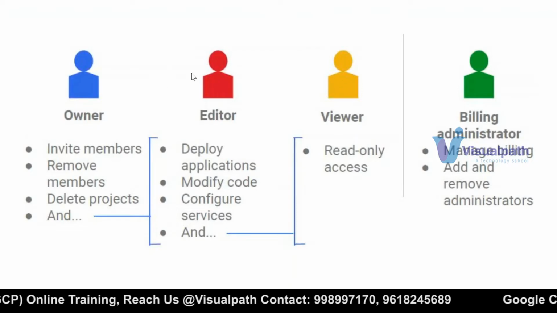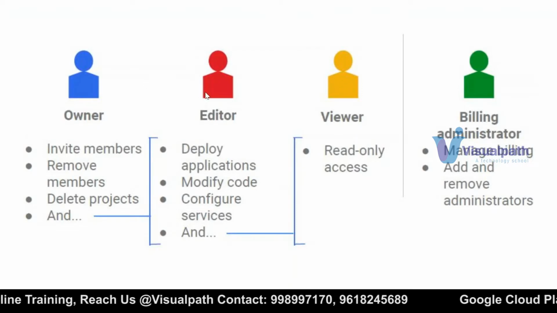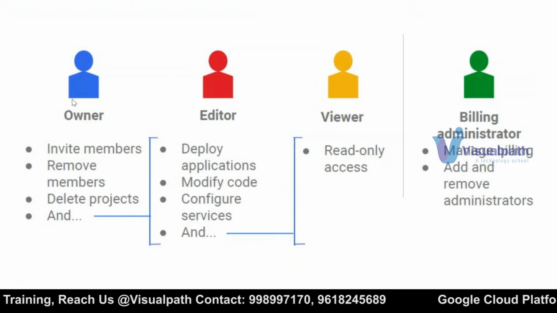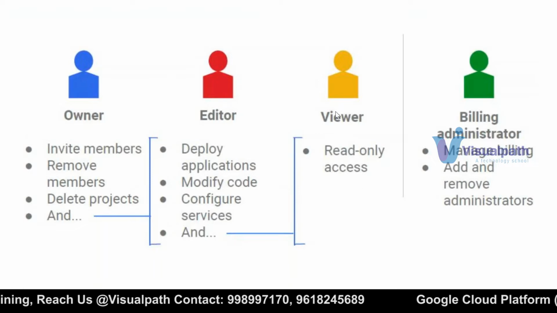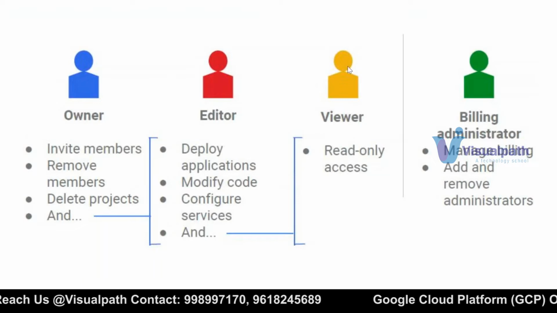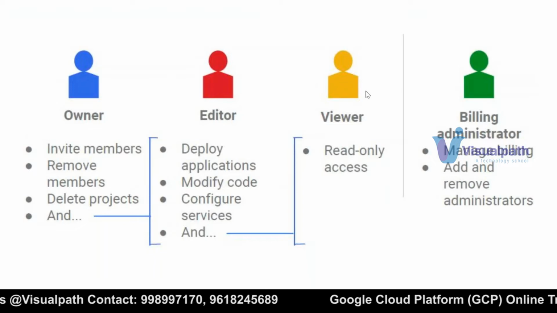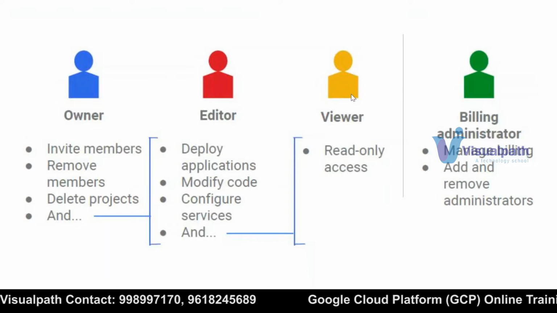Basically, from the top level, there are three roles: owner, editor, and viewer. As the name implies, if you have the viewer role, you have read-only access to a particular project. We can give this at the organization or project level.